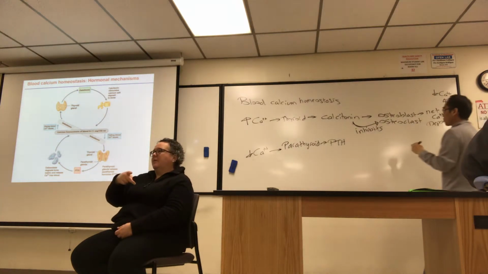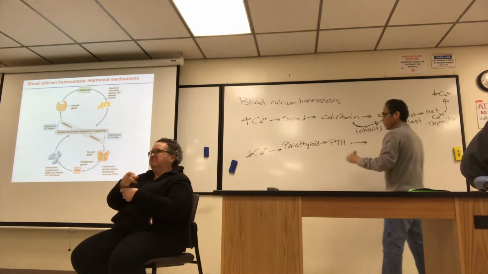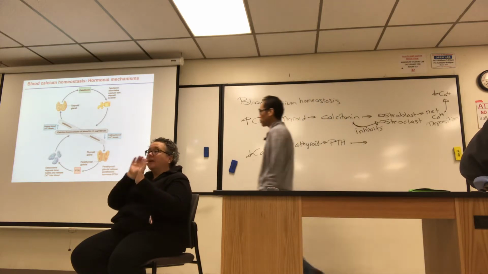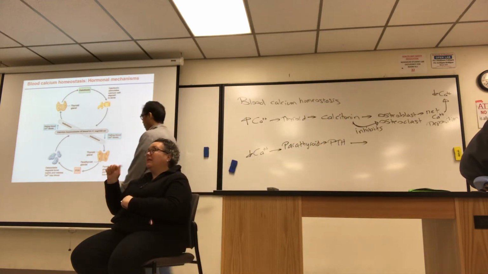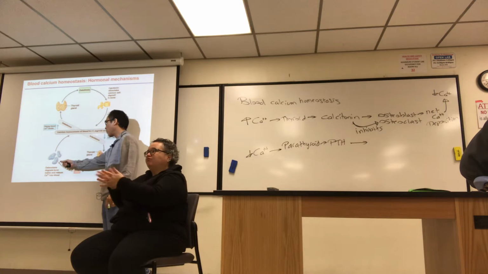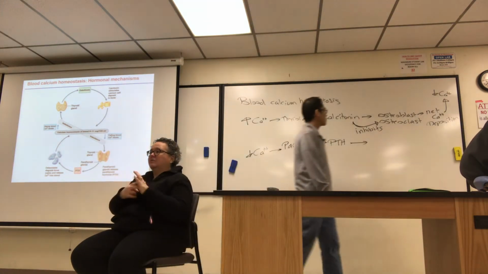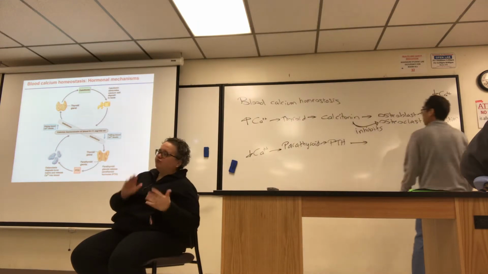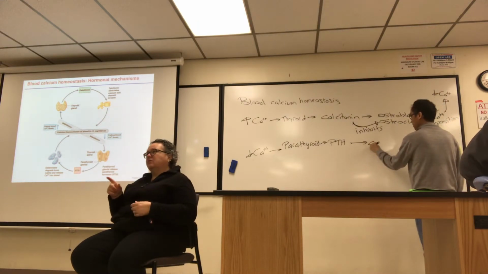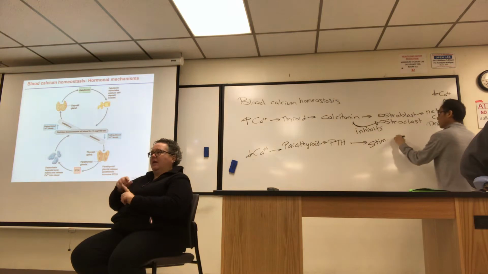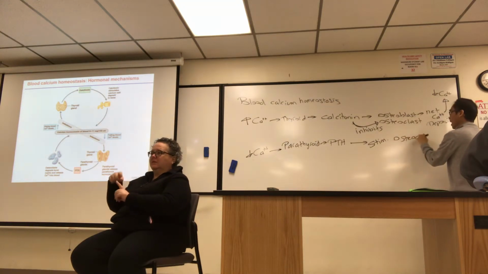It has the opposing effect. They show a picture of the osteoclasts. It's going to stimulate those, and so their activity will be increased. It'll outstrip the osteoblast activity. So I'll say it stimulates osteoclasts.